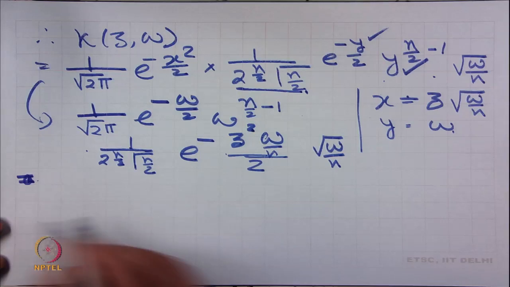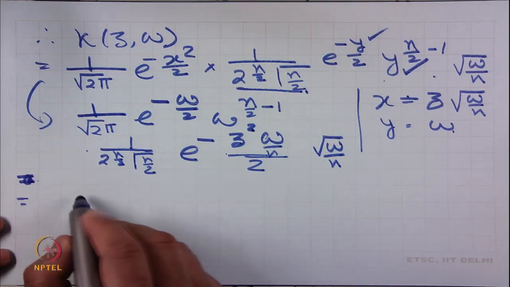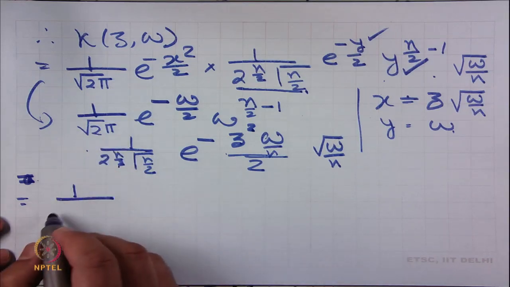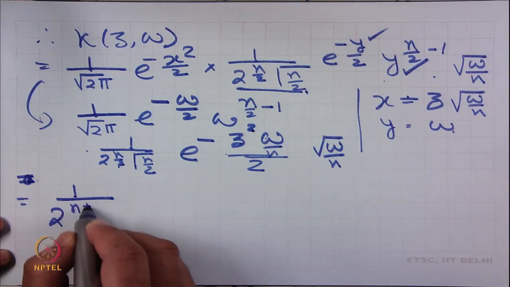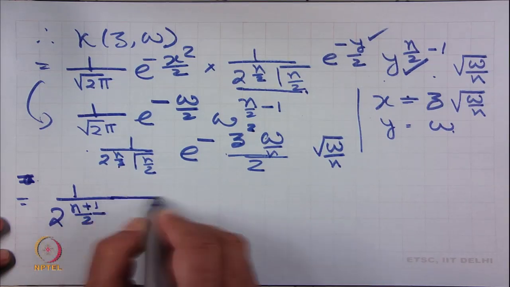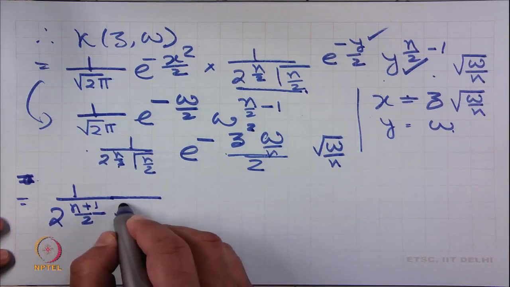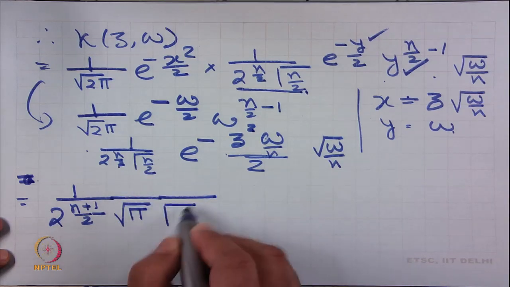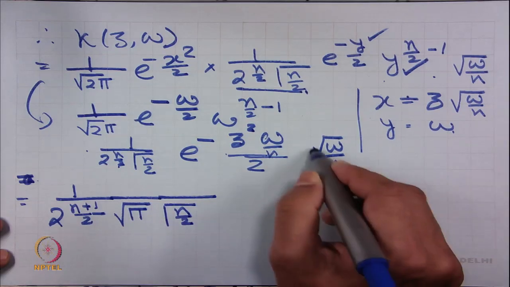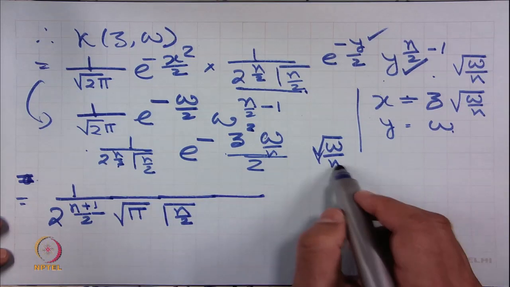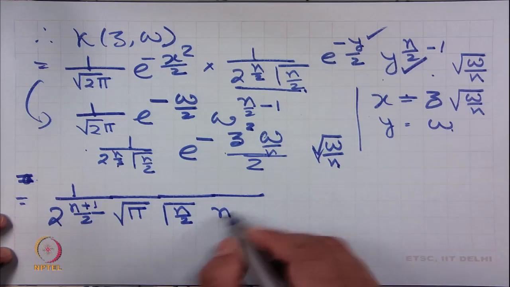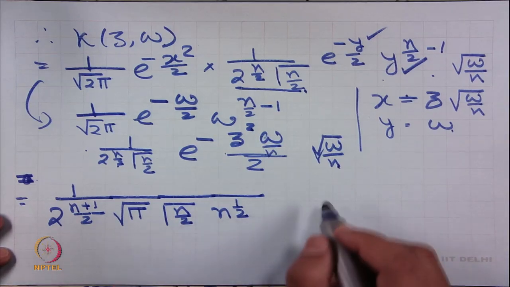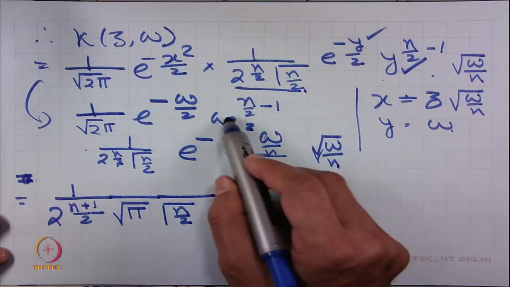So, let us simplify it to some extent. What we get? 1 upon 2 to the power n by 2 into half, so 2 to the power n plus 1 by 2, into root pi, into gamma of n by 2, into root n, let me take out, it is n to the power half. So, we have taken out all the constants. Now, let us look at the variables.